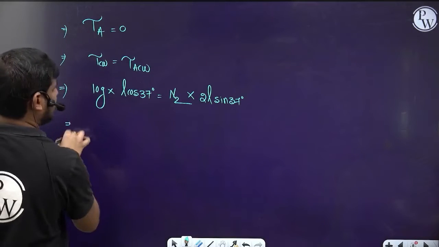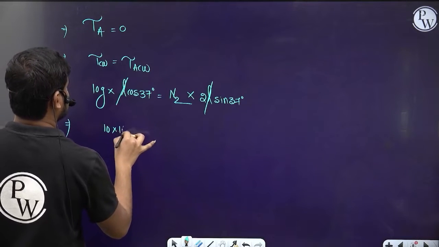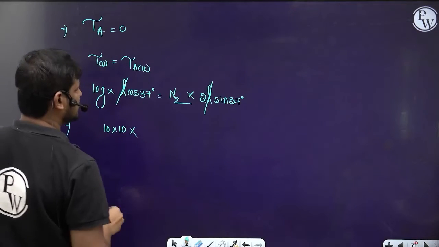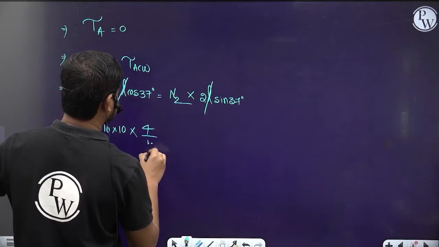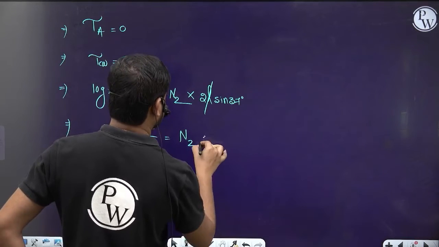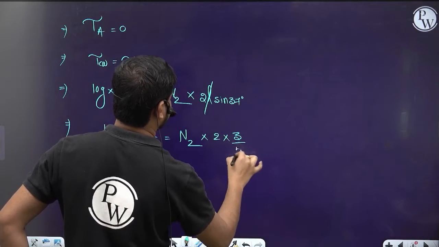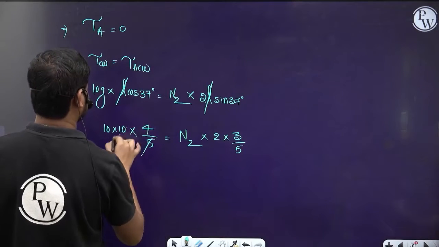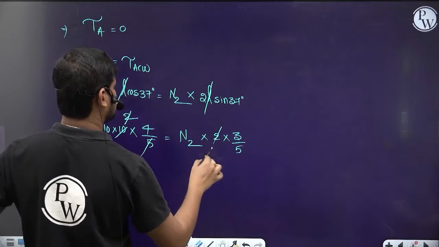Then here L gets cancelled. So from here 10 into 10 cos 37, adjacent, which is 4 by 5, is equal to the torque due to N2, which we have to find. And then here 2 into sine 37, opposite 3 by hypotenuse 5. The 5s cancel, then the 2 gets cancelled.